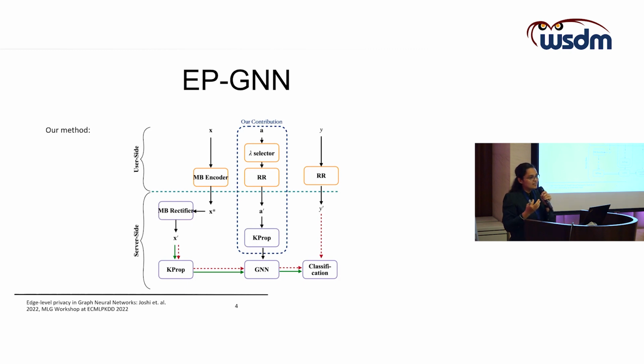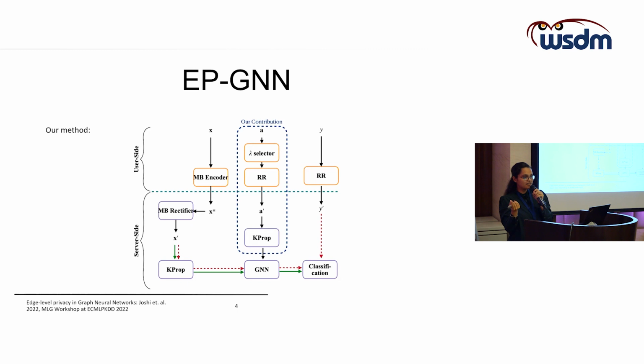That basically adds noise to the neighborhood, and that is the point. This is done locally at the node. The node shares this noisy information with the server, and we are limiting it by lambda.